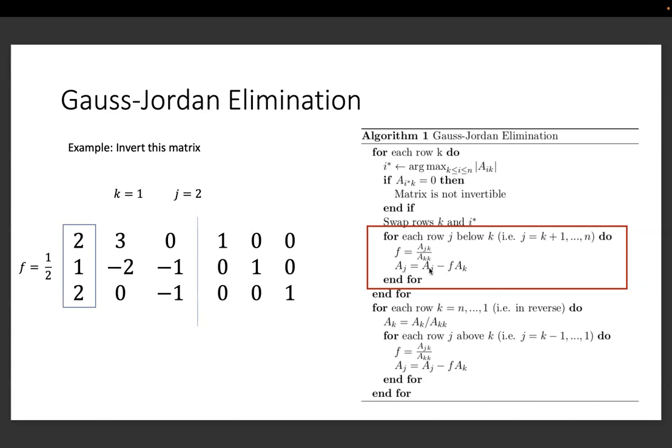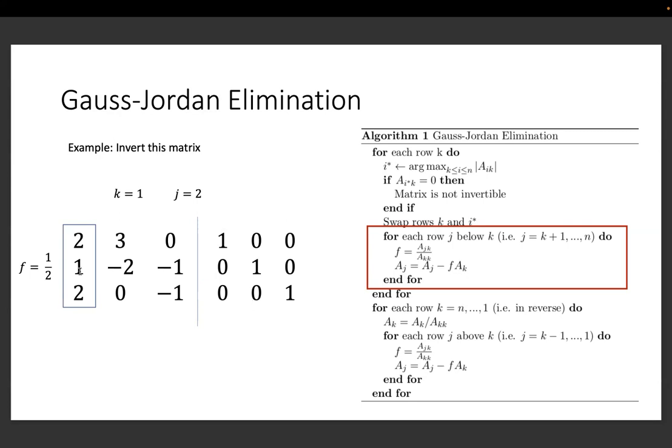And then we subtract this scaled version of the first row from a j. So a j, where j is equal to 2, becomes a 2 minus 1 divided by 2 multiplied by the first row a 1.